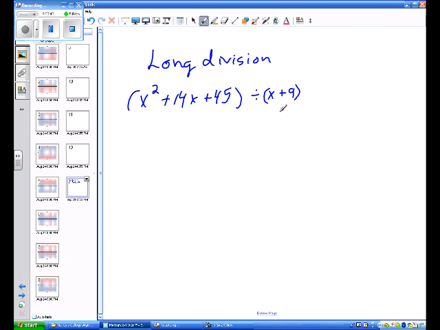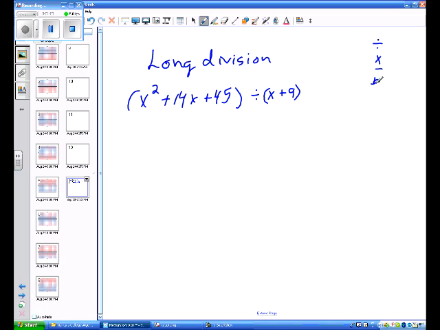Now, sometimes our divisor will be a factor, and sometimes it won't. But if you remember back when you first learned to do long division, you had a process that you went through. You divided, then you multiplied, you subtracted, and then you brought down.